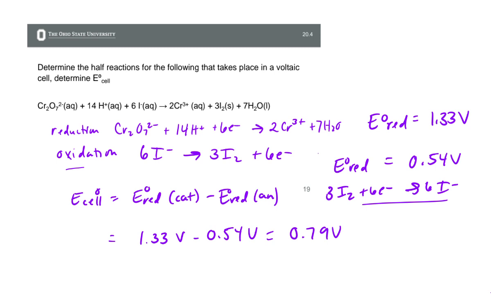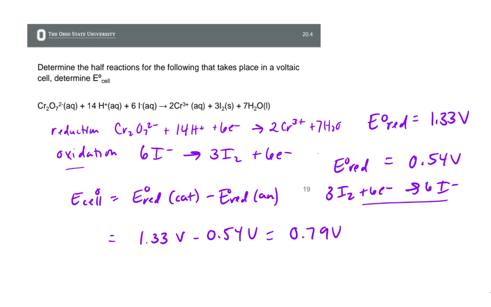Now, what I want to point out here, and I think it's even more obvious in this example than it was in others, is that this value is not dependent on any of the stoichiometries, right? I have 6 electrons being transferred here, but the stoichiometry is unimportant in terms of the potential. So you don't need to worry about multiplying these reduction potentials by any factors.